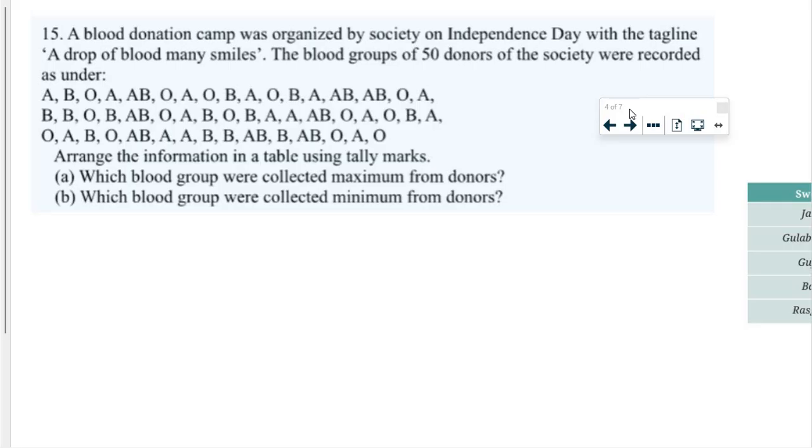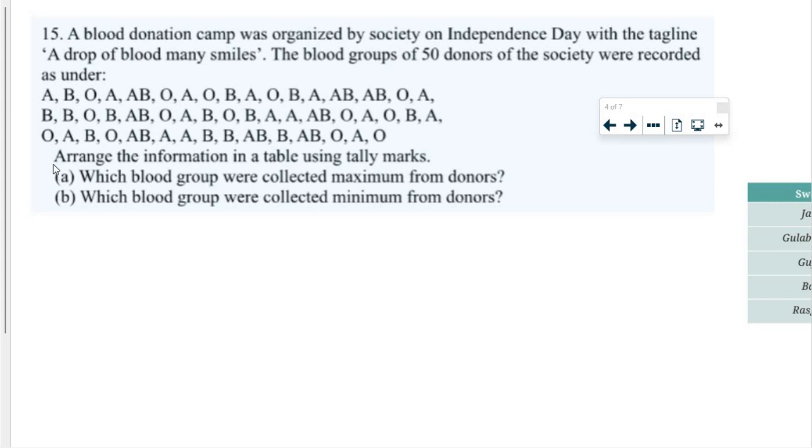The blood groups of 50 donors of the society were recorded as shown below. We have people with blood group A, B, O, A, AB, O, A, AB, and so on.